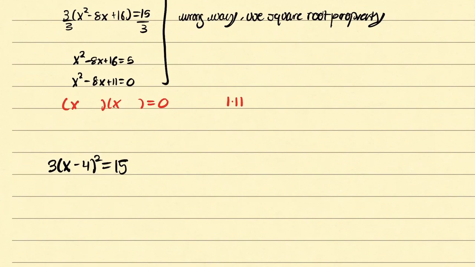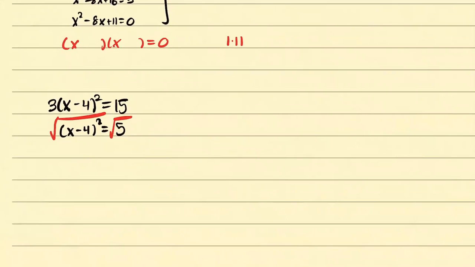Right away, I'm going to get rid of that 3 by dividing by 3 on both sides to get the quantity x minus 4 squared is equal to 5. But now right here, I'm going to take the square root.